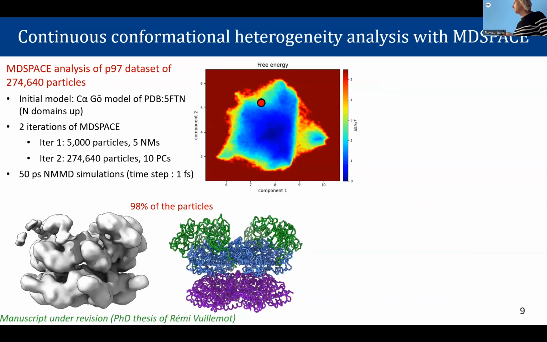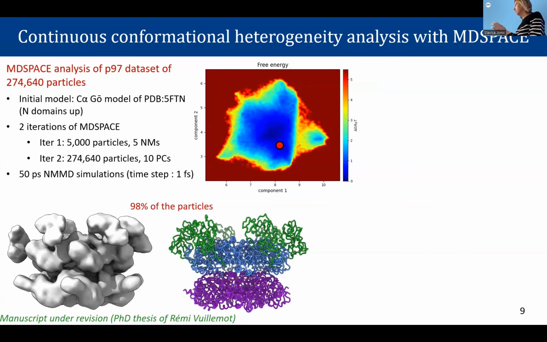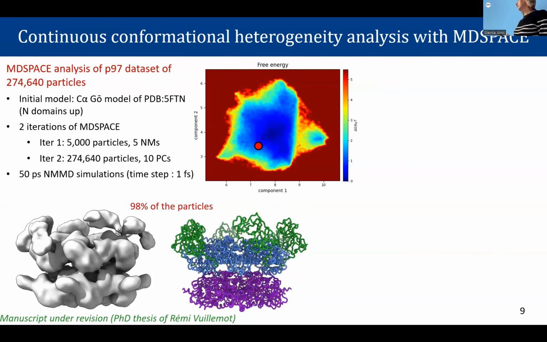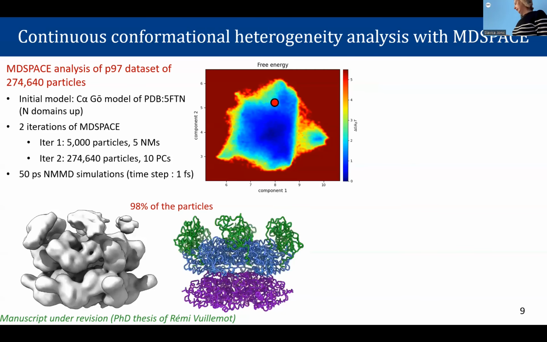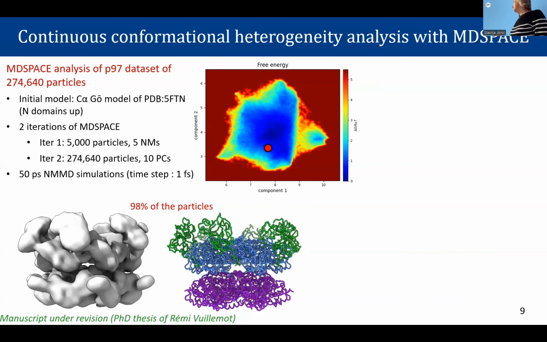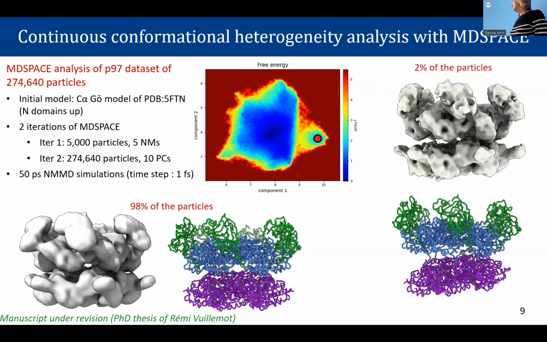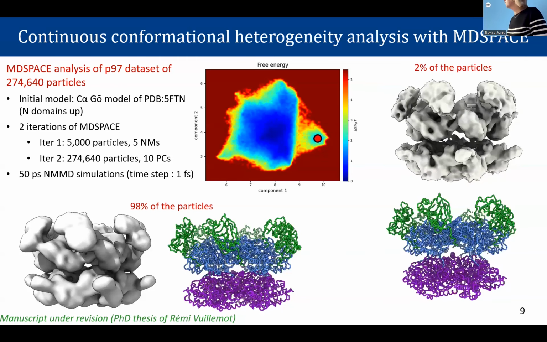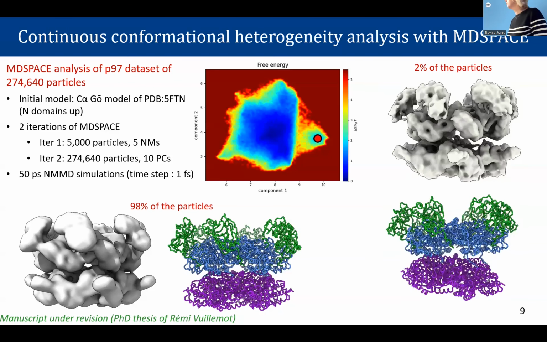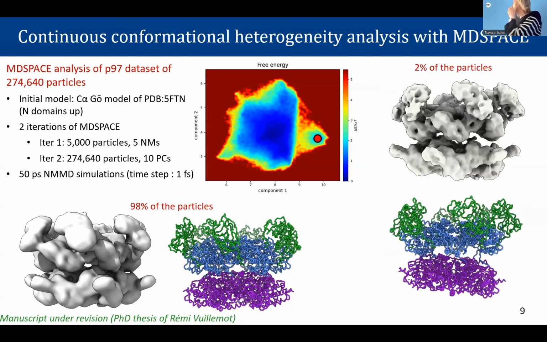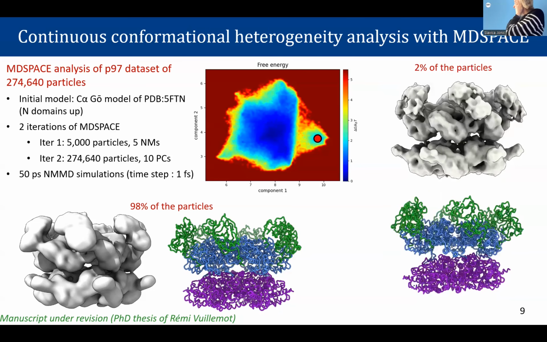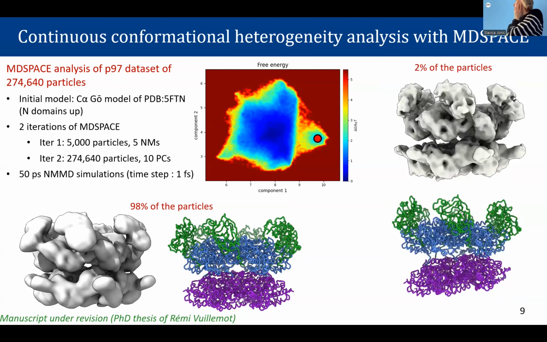There is some cooperation between close, nearby neighboring end domains. And then there is 2% of the particles that are here. This percentage is with respect to the total number of particles, around 300,000 particles. 2% of particles have a different shape.